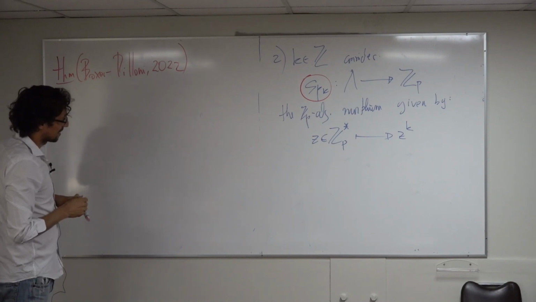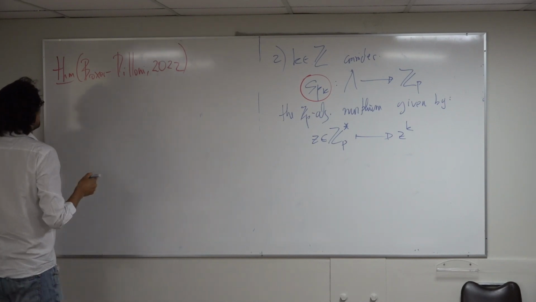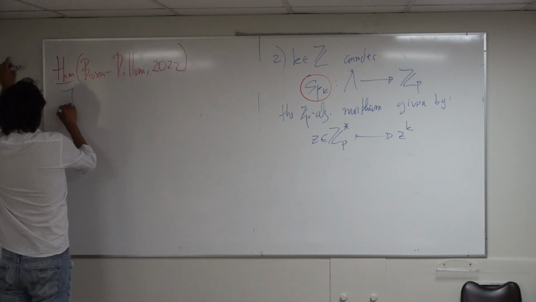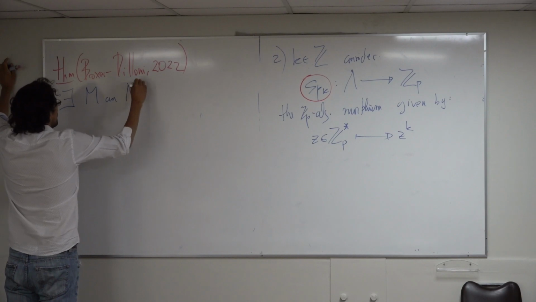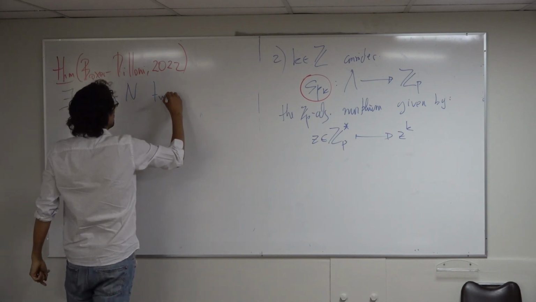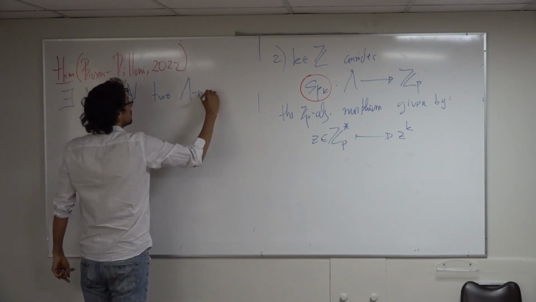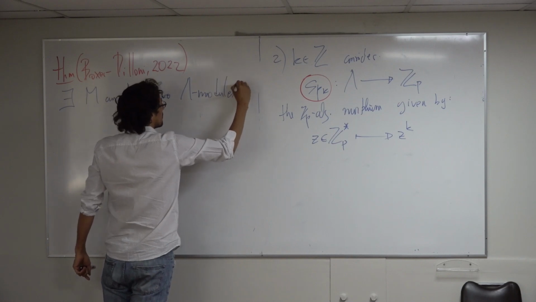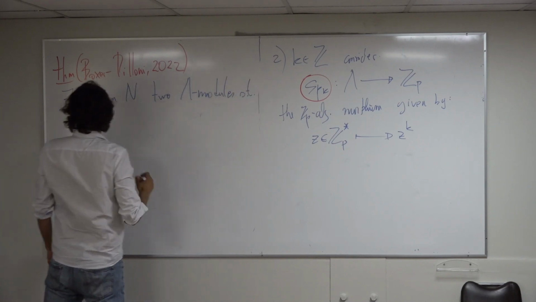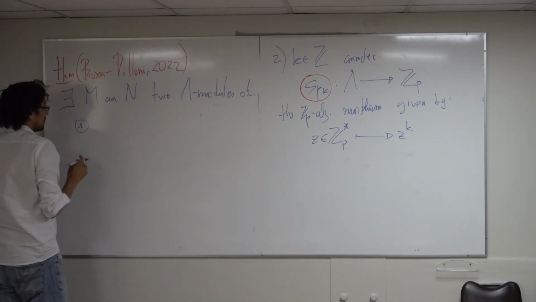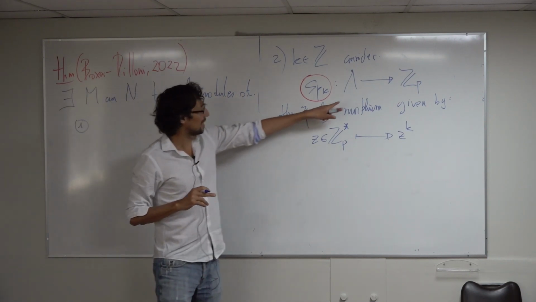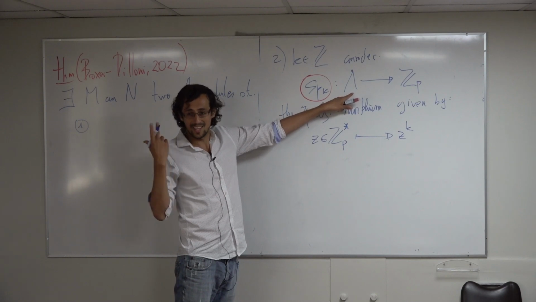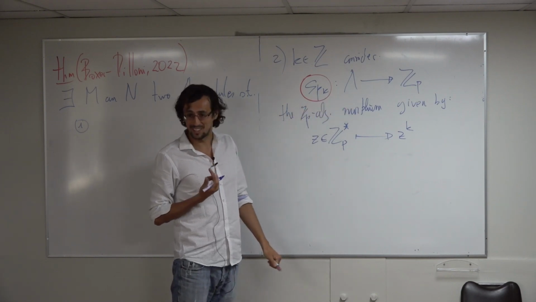The statement says the following. There exist two Lambda models, M and N, such that, I hope I gave the idea that this Lambda is big and contains all the k's in some way via these specializations.